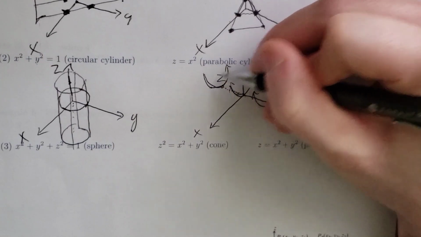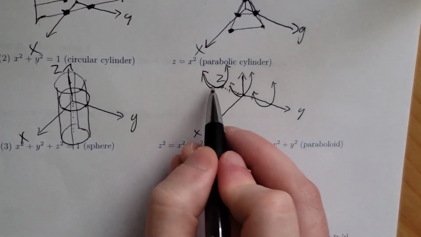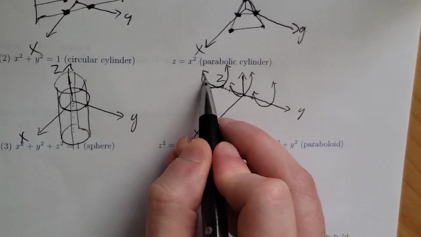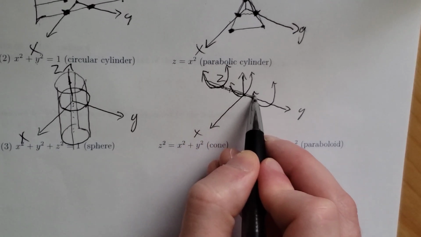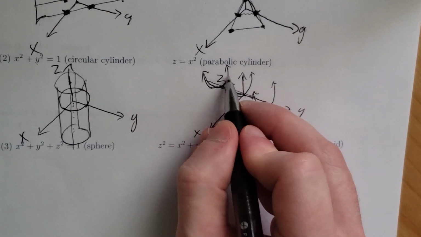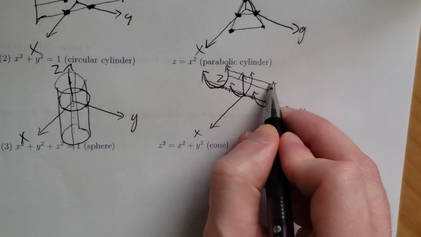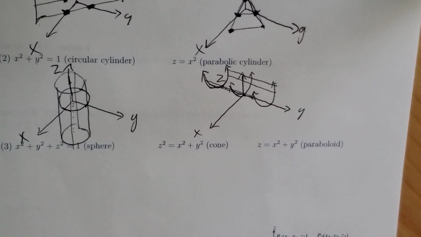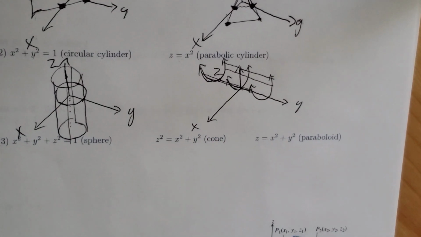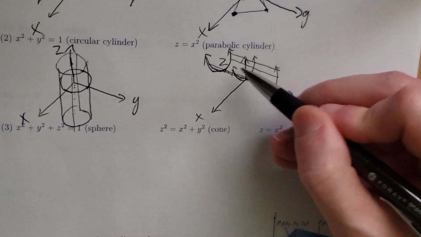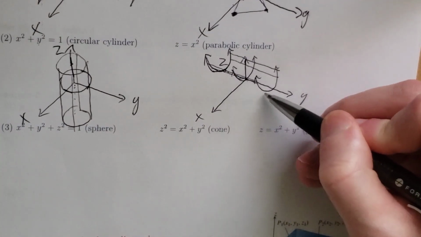We draw a parabola, and we get a parabolic cylinder here. If you're trying to visualize this, think about any of the Olympic sports, like the half pipe for snowboarding or skiing. This is that kind of shape, that half pipe shape.